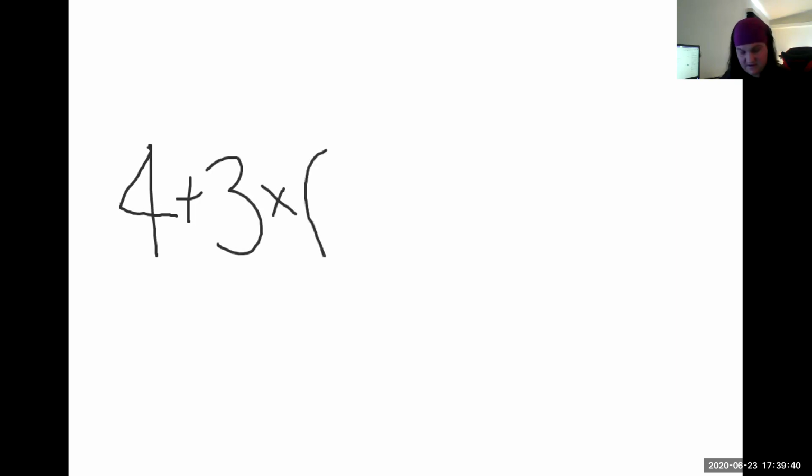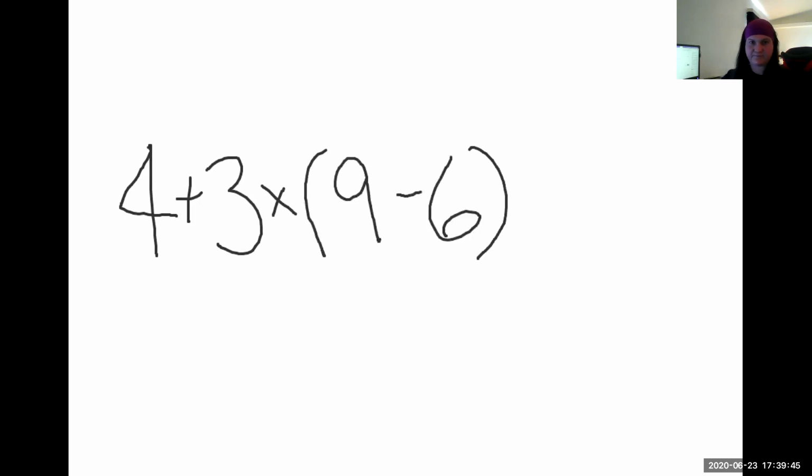So the first one is 4 plus 3 times (9 minus 6). Well, let's look at this. What do we do first? There's parentheses, 9 minus 6, which equals 3. 4 plus 3 times 3.